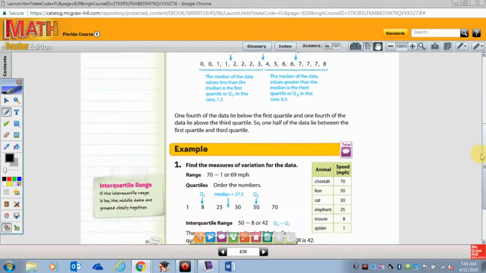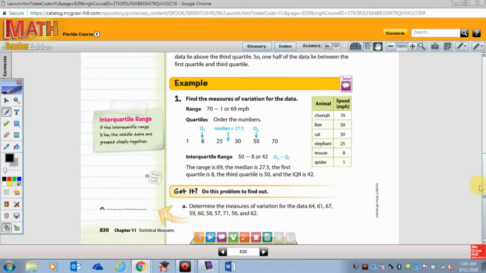So we scroll on down. The way that we're going to do this is the first thing you do is line the numbers up from least to greatest. So we'll come down here with this data set at the bottom.